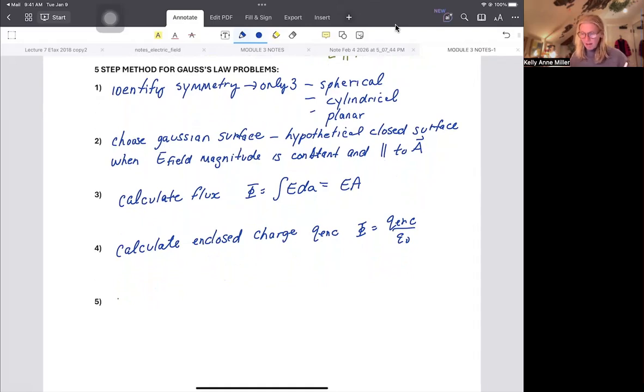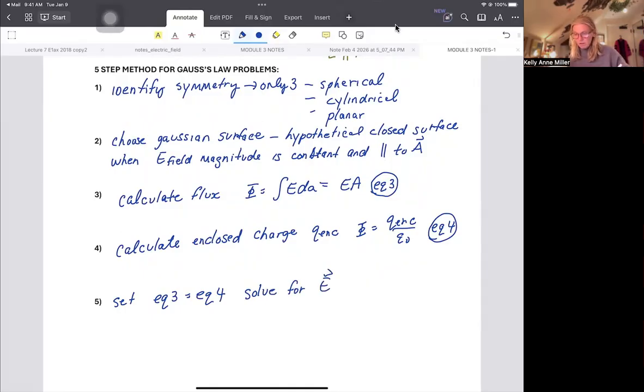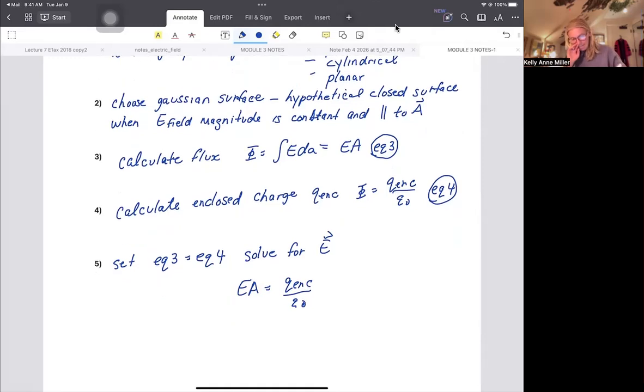So step 5 is to set, we could call this equation 3 and this equation 4 for flux, so set equation 3 equal to equation 4 and then solve for the E field. So you set EA equals Q enclosed over epsilon naught, and then you just isolate. So this is Q enclosed over epsilon naught divided by the area.